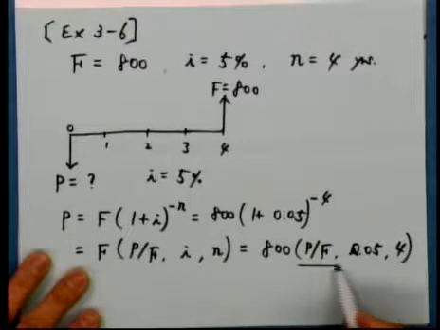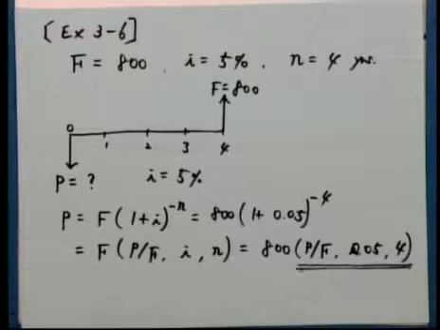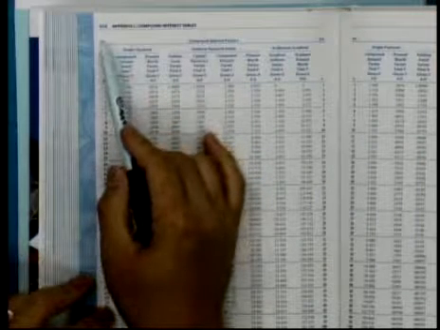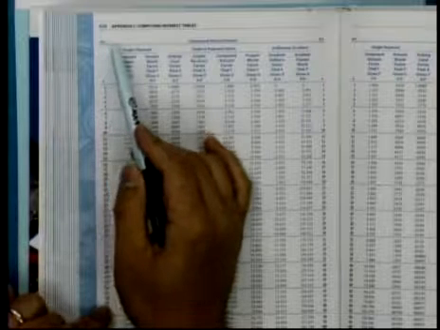Again, this factor value can be easily found from the Appendix B of our text. So we are looking for 5%. So here, this page 608 provides the compound interest factors for 5%.